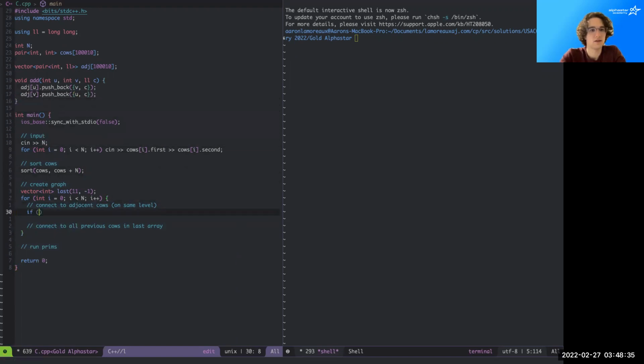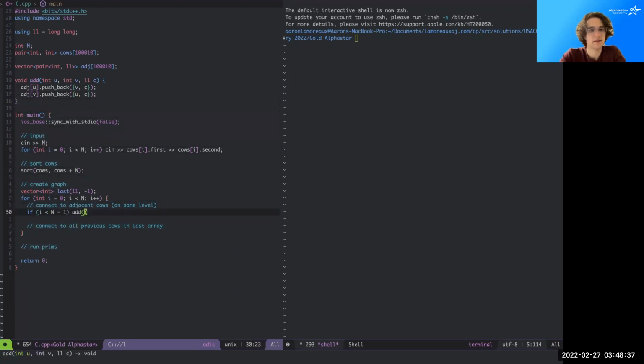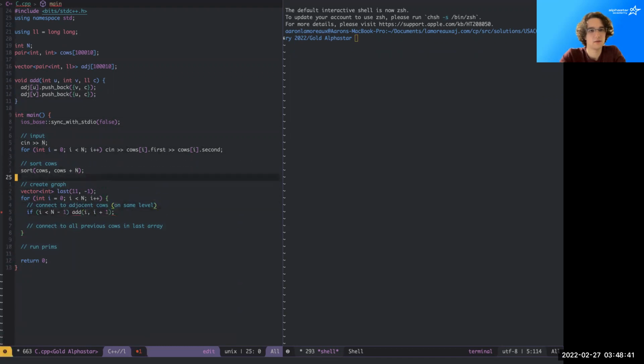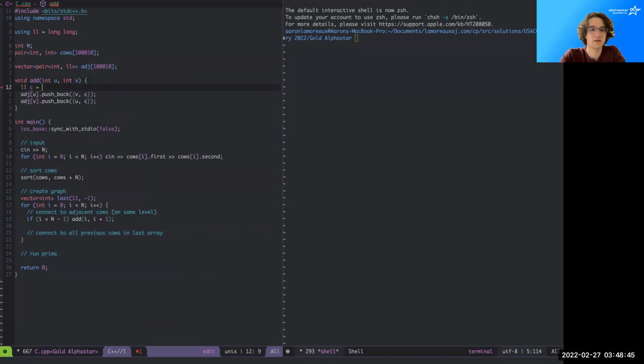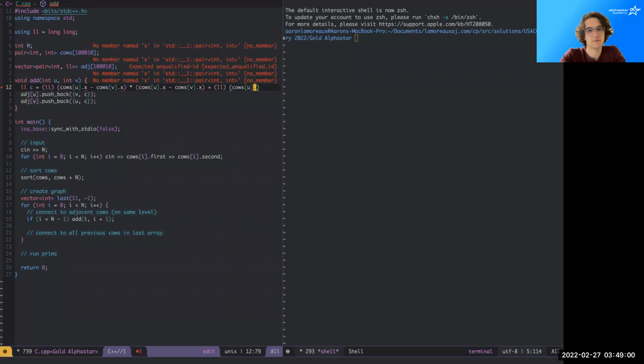I guess we can compute the cost here, using the function they gave us first.